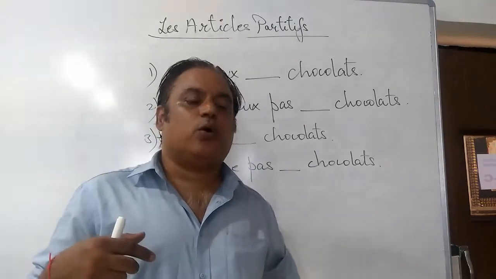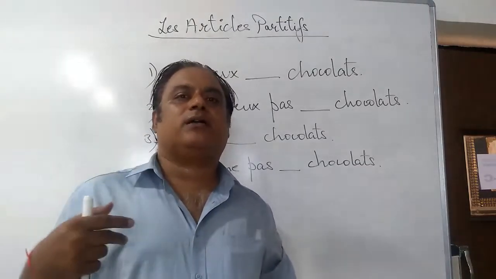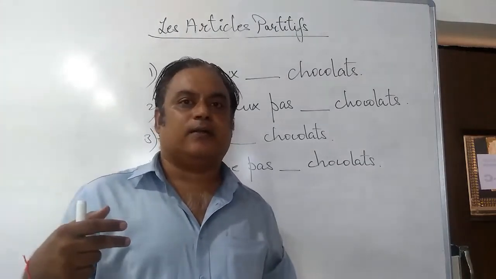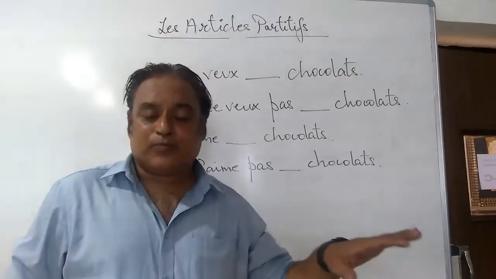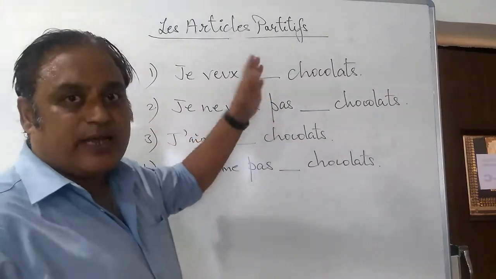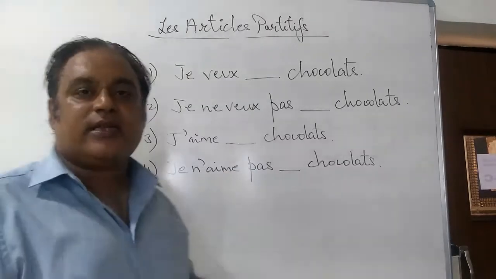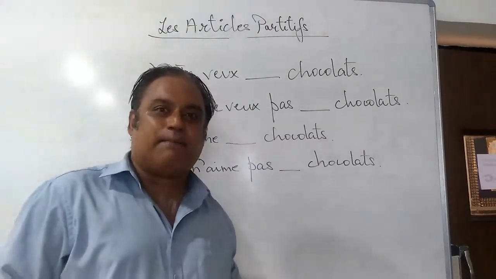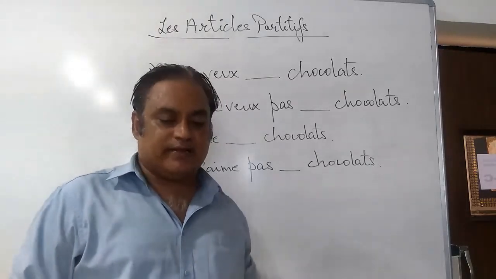Our earlier question was that we were supposed to use either the partitive article or the definite article. So over here I have two sets of sentences. Again, one is positive, one is negative, which is there with partitive articles, and one is positive, one is negative, which is there with definite articles. So what change occurs when a sentence becomes negative?